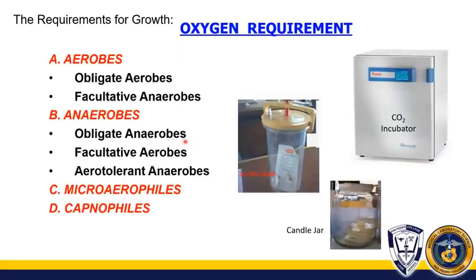In fact, oxygen is toxic to them. Oxygen either kills or inhibits their growth. Obligate anaerobic bacteria may live by fermentation, anaerobic respiration, bacterial photosynthesis, or the novel process of methanogenesis.